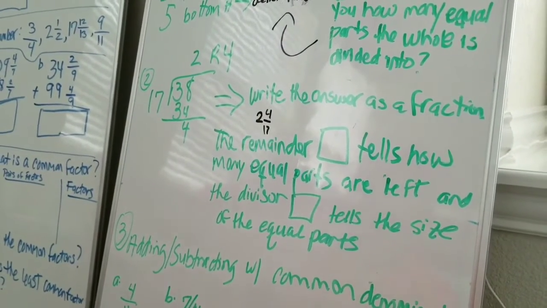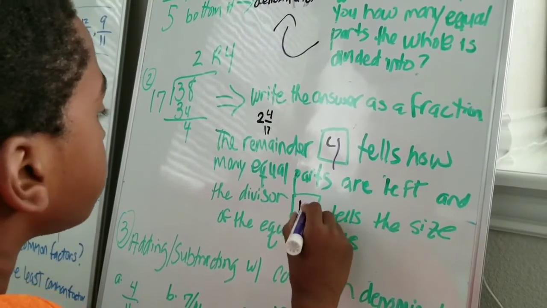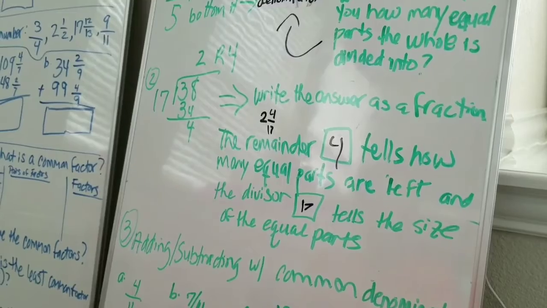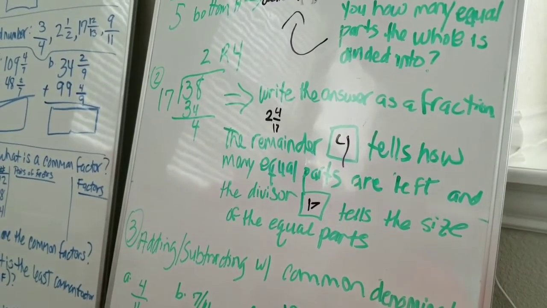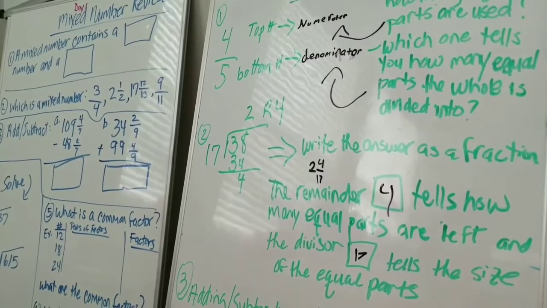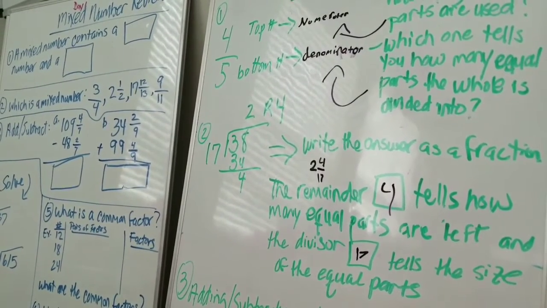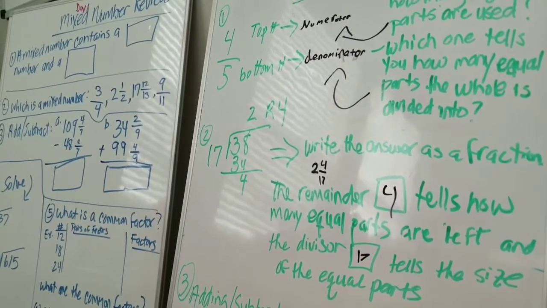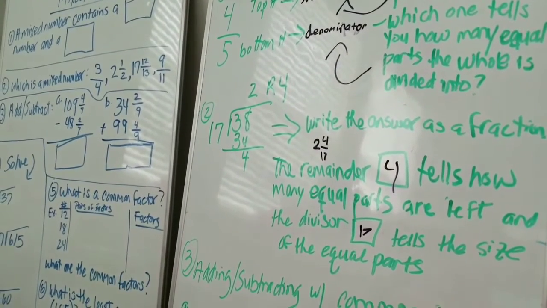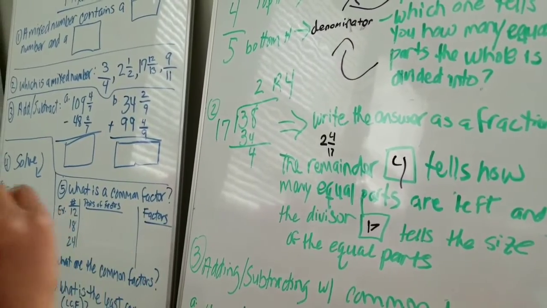So the remainder 4 tells us how many pieces are left, right? And the divisor, which is 17, tells the size of the equal parts. Now, what about the 38? What is 38 called in a division problem? It's called the dividend. Excellent.